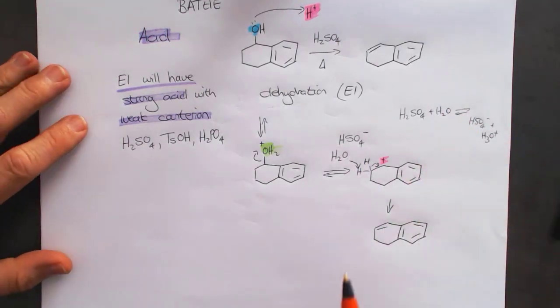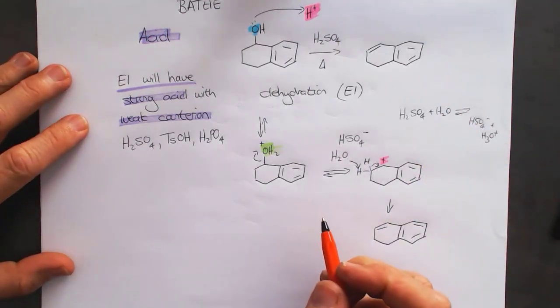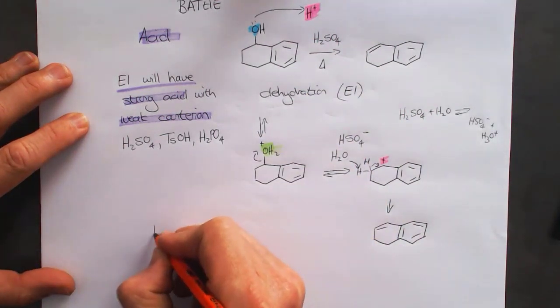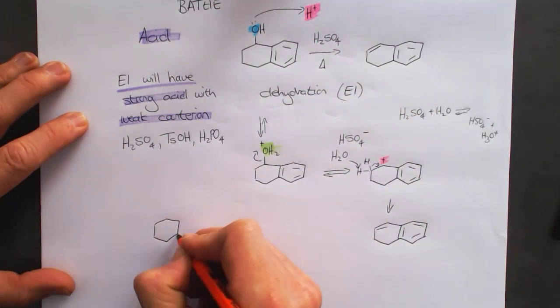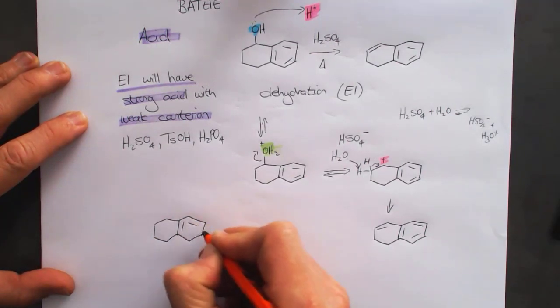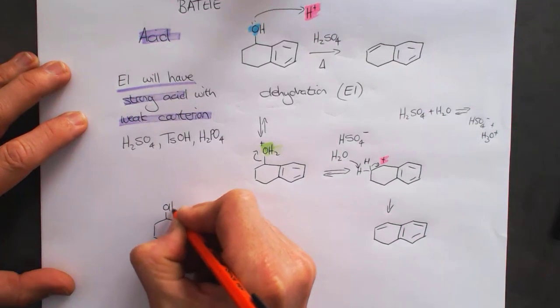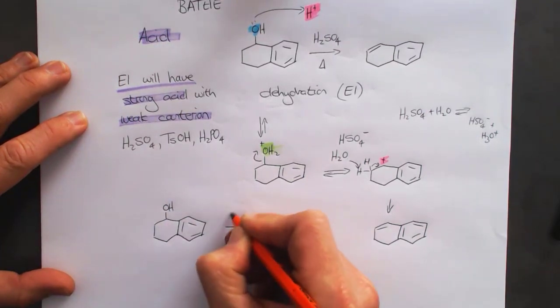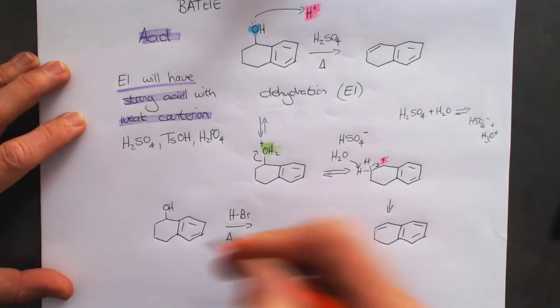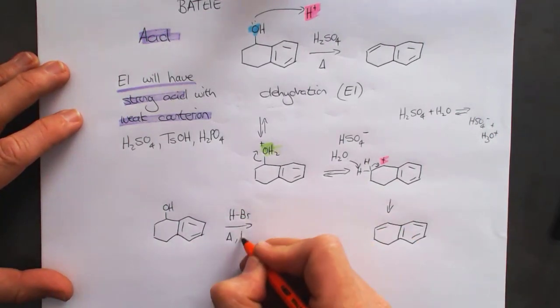So just for comparison, if we took exactly the same reaction and we now did it with HBr, so we start out with our starting material. Sorry, I'm rushing that a bit. And now we add HBr, and we're heating it, and we're doing it in a polar protic solvent.